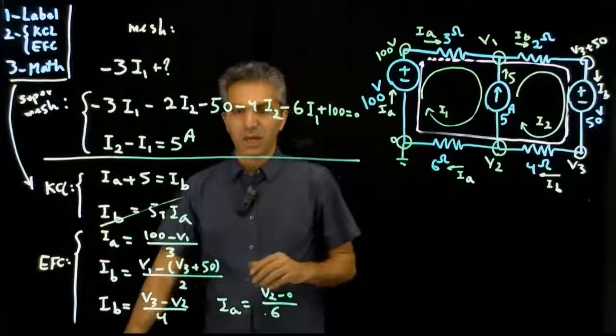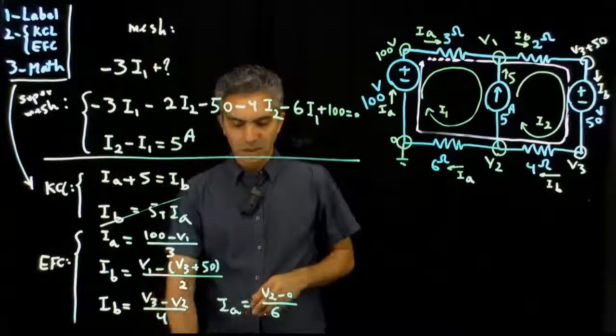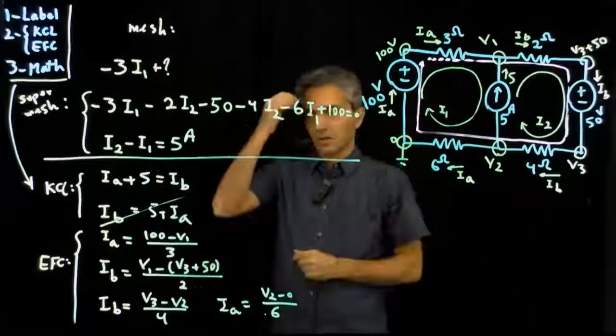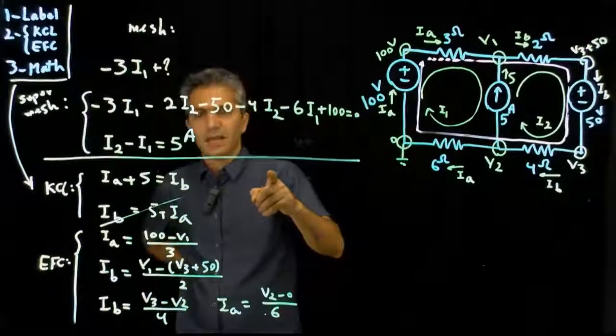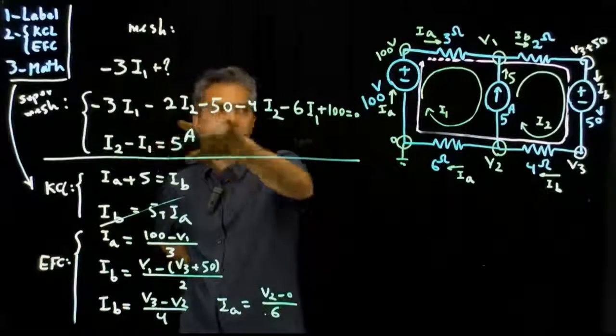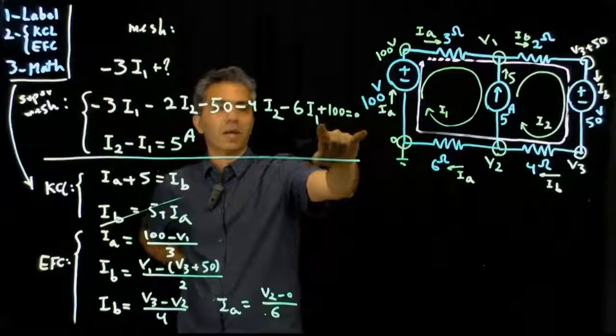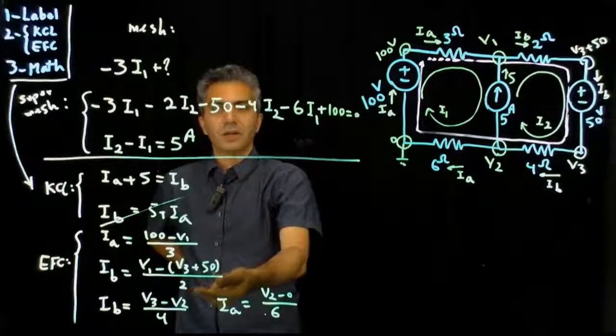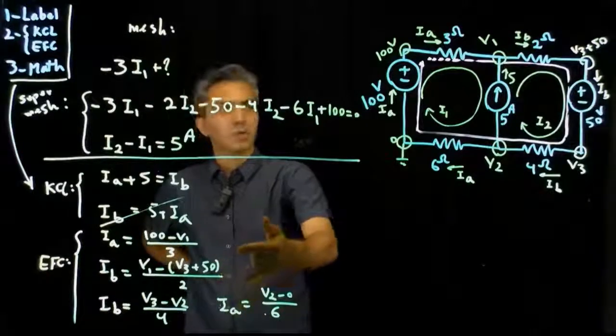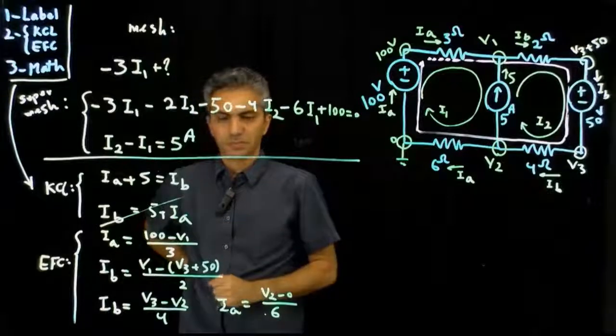Now notice again that with this, we really didn't need to define anything new. You can actually show that the equation for the super mesh is a result of combining these equations together.